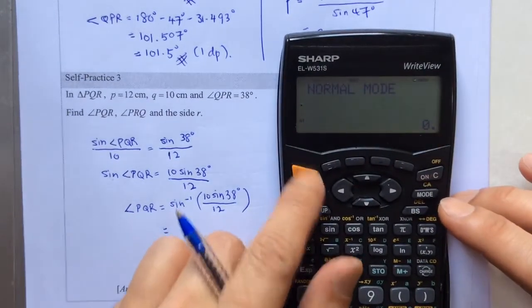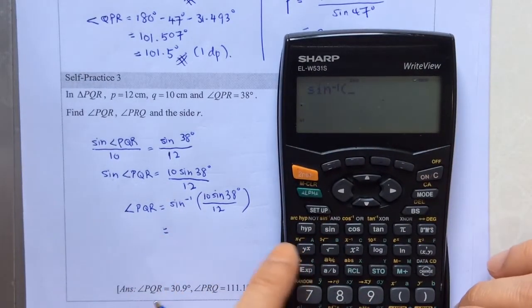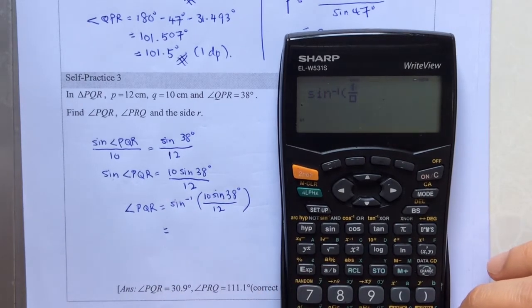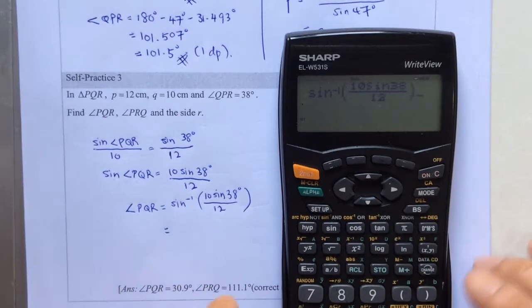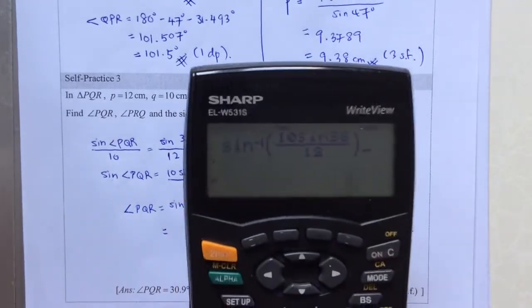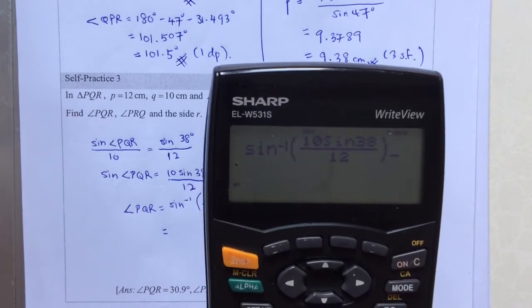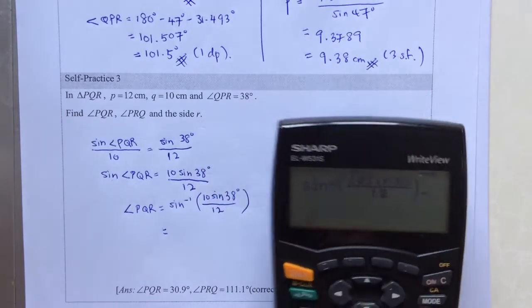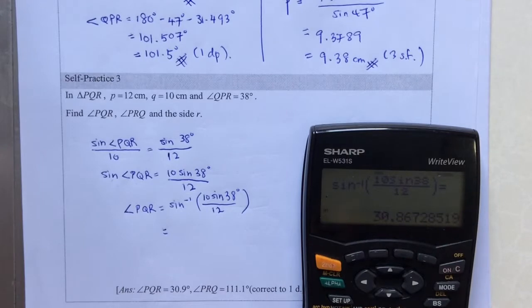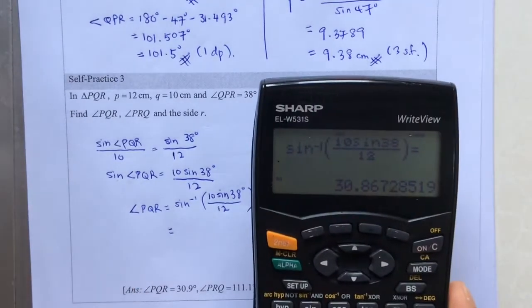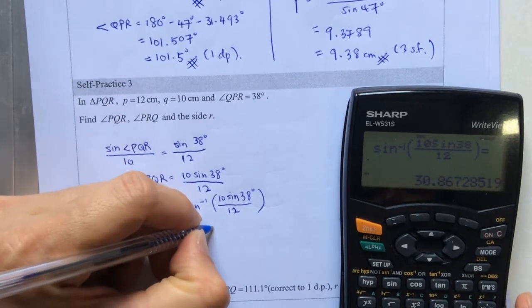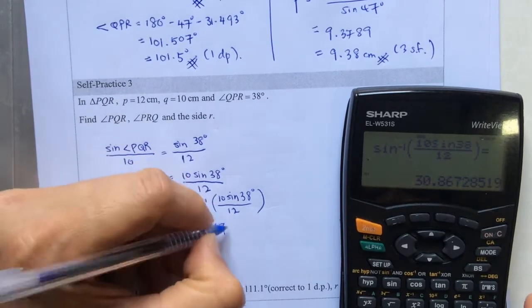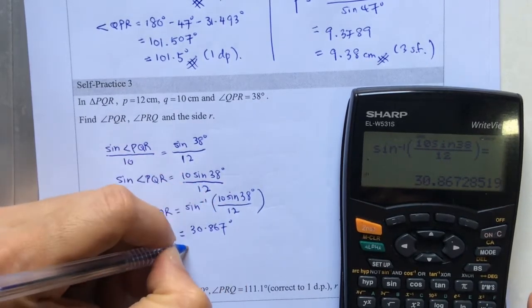So let's press it. We have pressed exactly what is written, and you will have a value of 30.867 degrees.